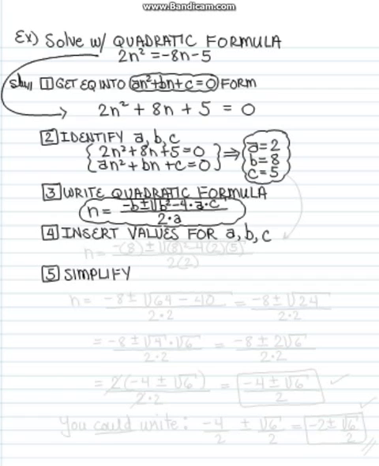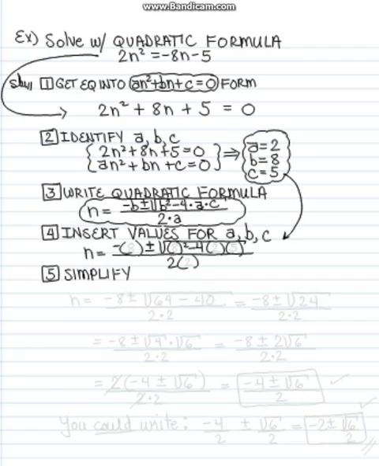Okay, now I'm going to insert the values for a, b, and c into the quadratic formula. N equals a long line, negative parenthesis, plus or minus square root of parenthesis squared minus 4 times parenthesis, over 2 times parenthesis.